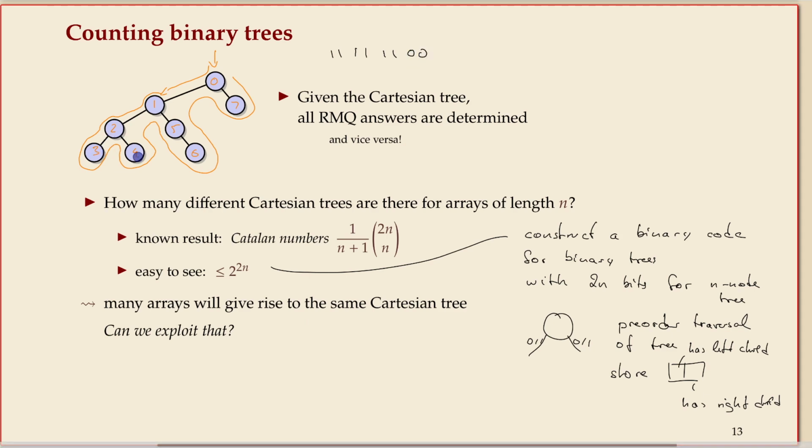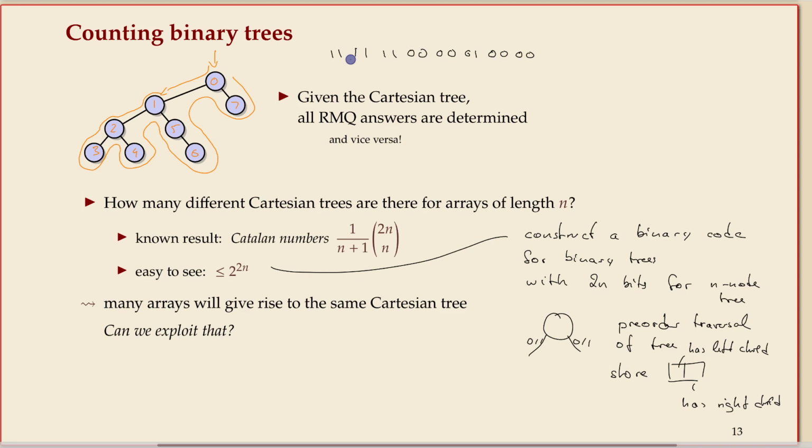Then we jump to node 4, which is also a leaf, 0, 0. And we jump to node 5. That has no left child, but it does have a right child, so it's 0, 1. And then node 6 again is a leaf. And we jump to node 7, which is another leaf. So from this bit string, you don't necessarily see anymore that this was a tree, but you can reconstruct it.